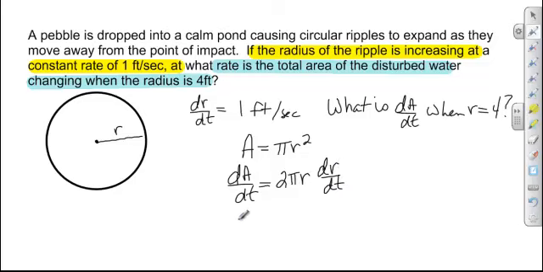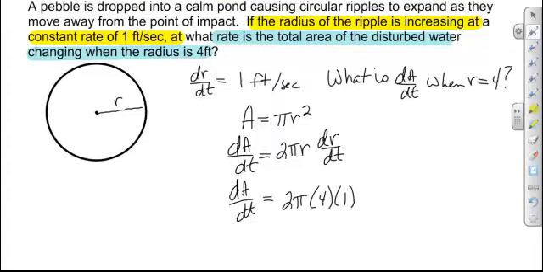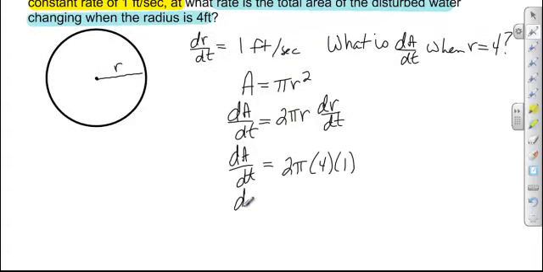We're going to substitute 4 in for r and 1 in for dr over dt. So the rate of change of area at the instant that the radius is 4 feet is 8 pi, and the units on that, since it's area, would be square feet per second.